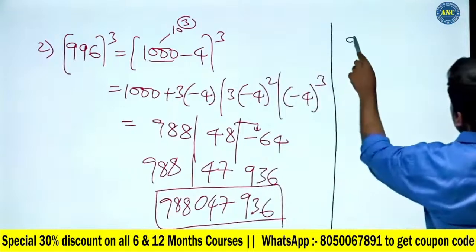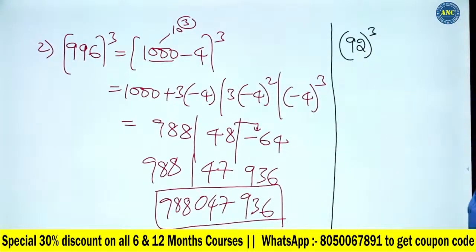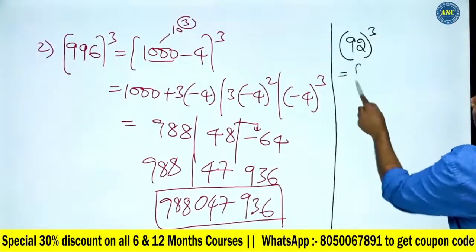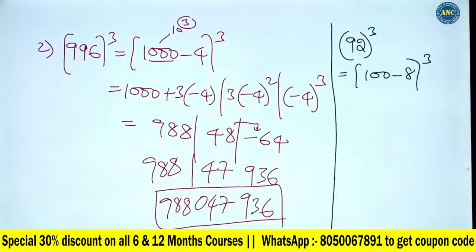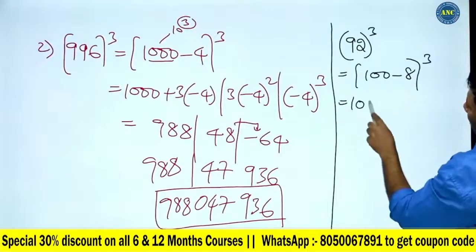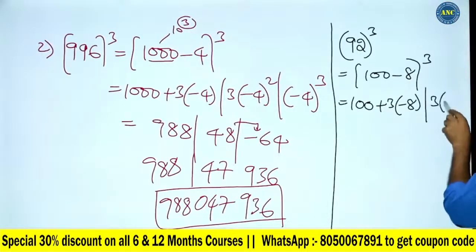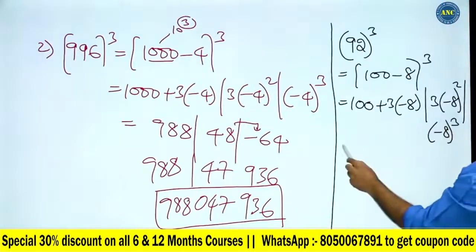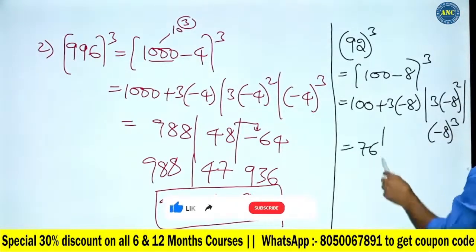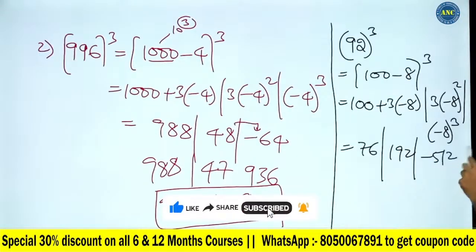If it is 92 whole cube, let us solve. 92 is 100 minus 8 power 3. So this will be b plus 3x, next is 3x square, and next is x cube. 100 minus 24, 76. 192. And minus 512.